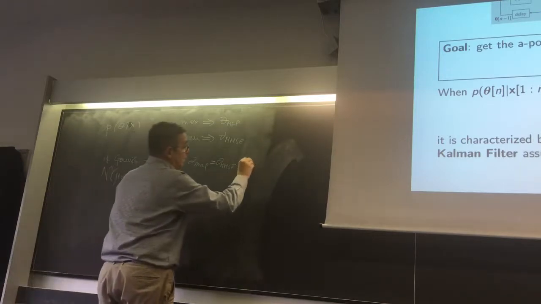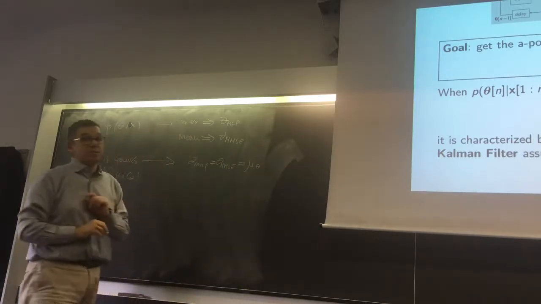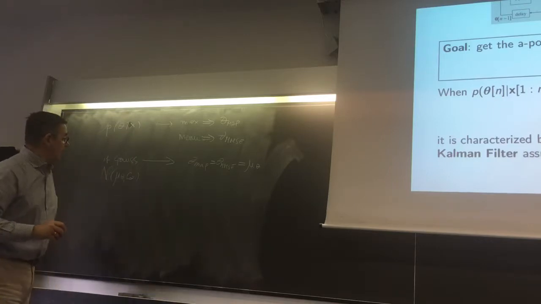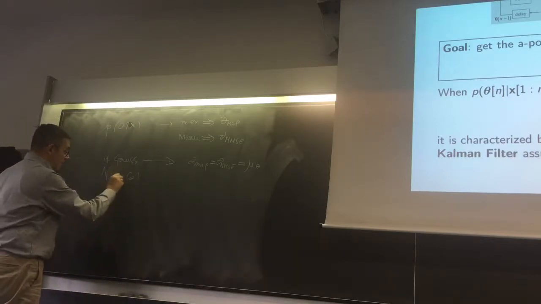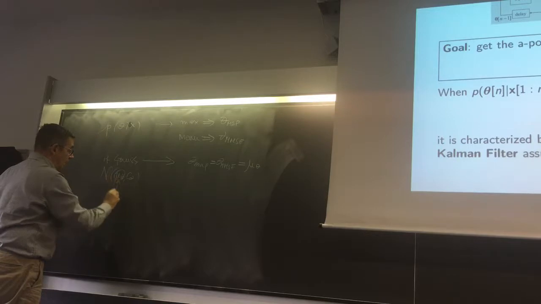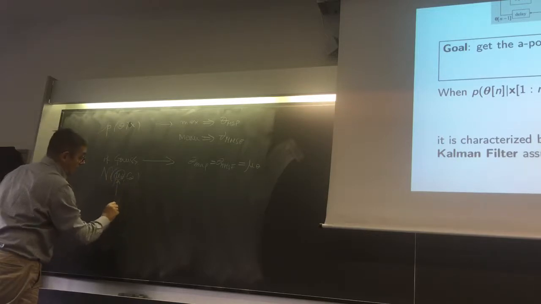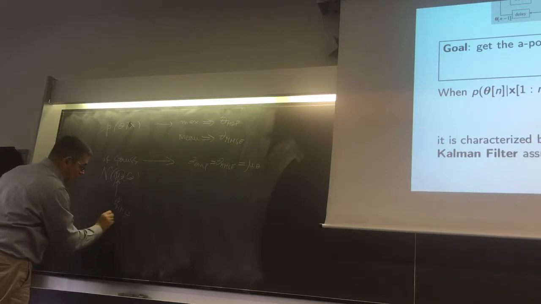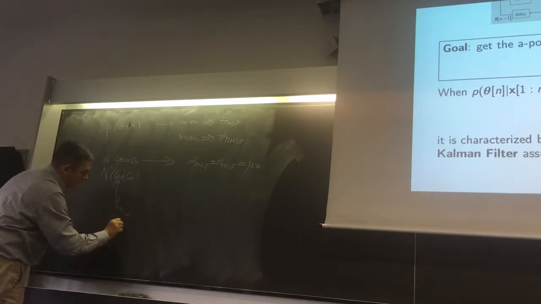Then this coincides with mu theta, which is the mean. So that notation says that rather than putting mu theta here, I put theta MMSE. I could also put theta MAP. That's the same because they coincide.